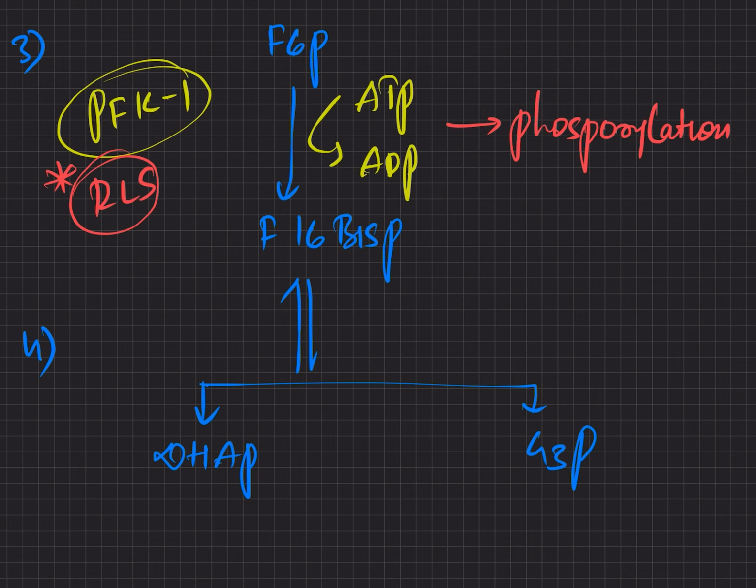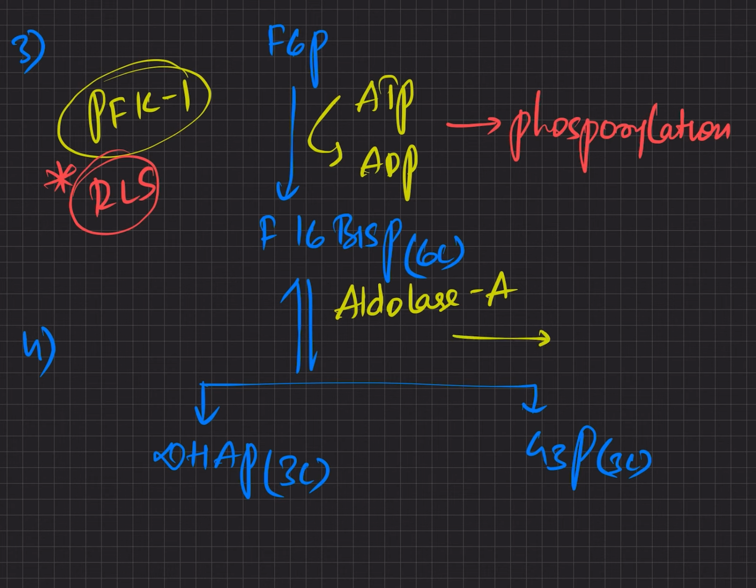This fructose 1,6 bisphosphate has 6 carbons. As it has split, each product has 3 carbons. The enzyme mediating this splitting reaction is aldolase A. This is a bond cleavage reaction.